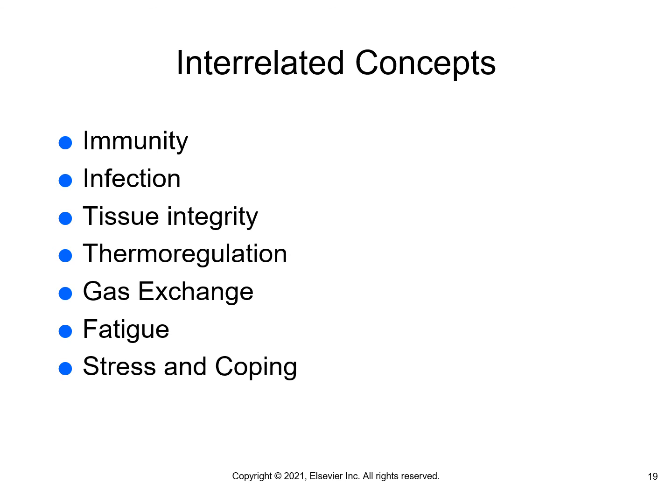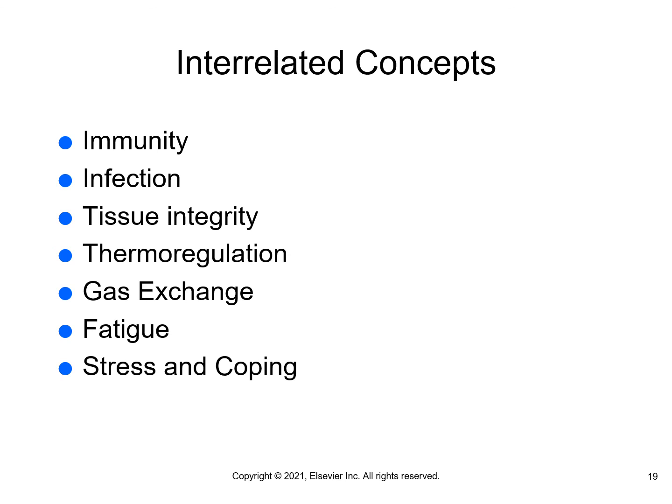And finally, before we close the loop on this concept, remember we said immunity, infection, and inflammation are almost always present in the same picture. When we think of inflammation, we're going to have that concept of, do we have impaired tissue integrity in there?